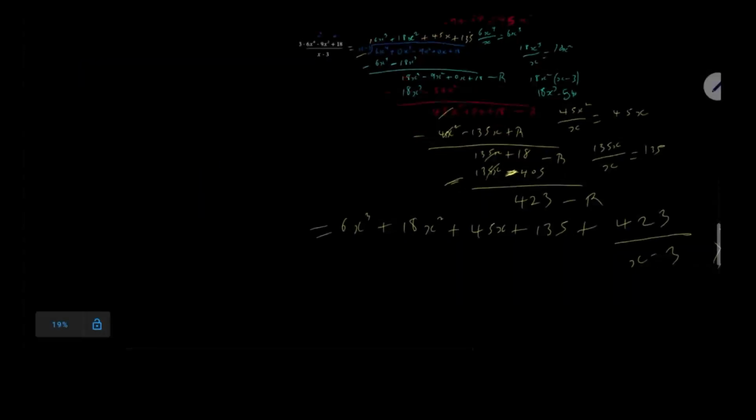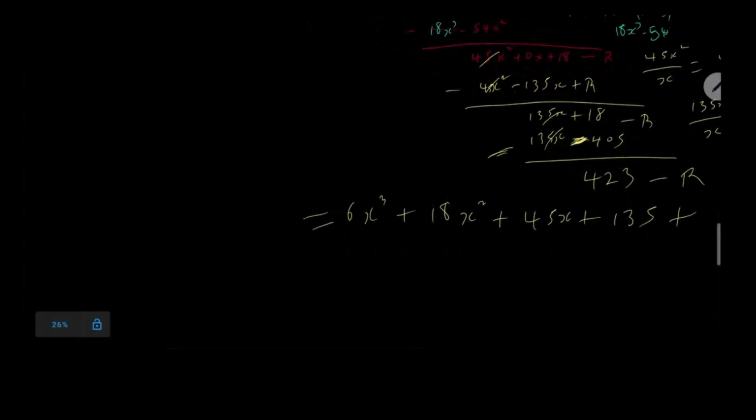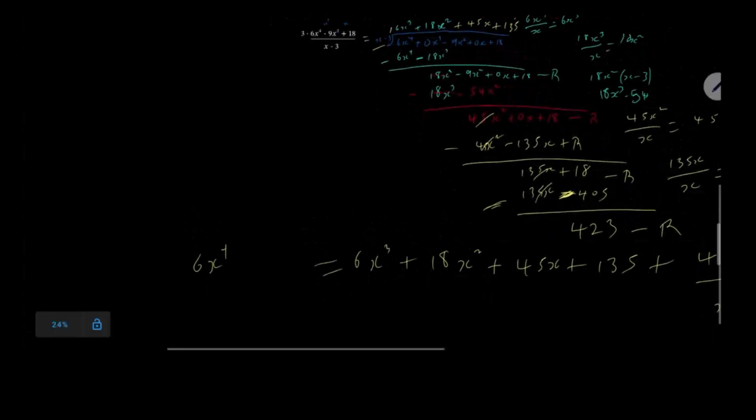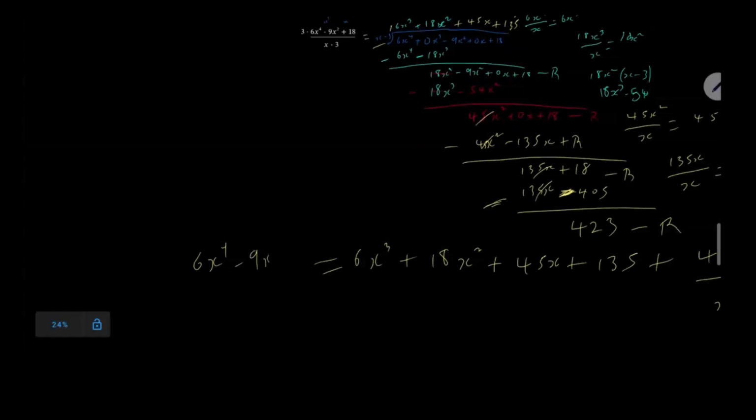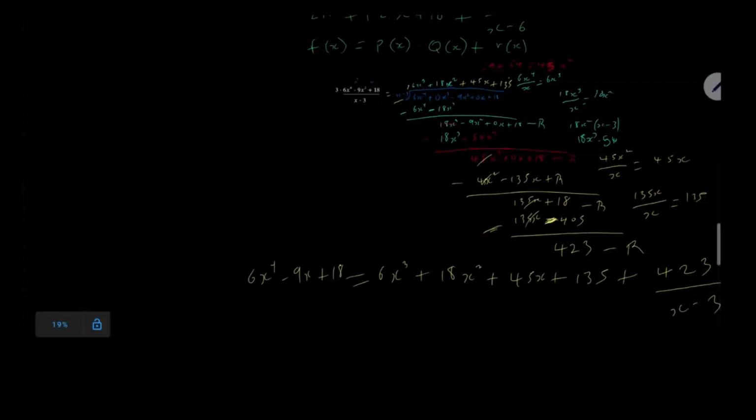Again, it goes with the saying that f of x, in this situation, our f of x is equal to this equation, which is 6x exponent 4 minus 9x squared plus 18, divided by x minus 3.